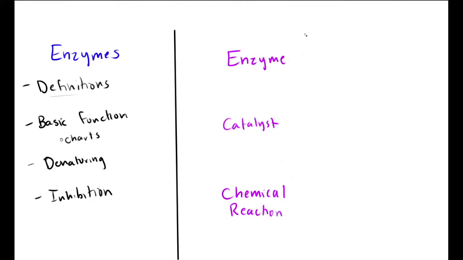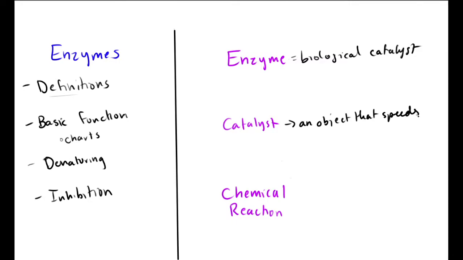So let's get a few definitions out of the way. An enzyme is nothing but a biological catalyst. What is a catalyst, you might ask? Well, a catalyst is nothing but an object that speeds up a chemical reaction. And it does this in two major ways.